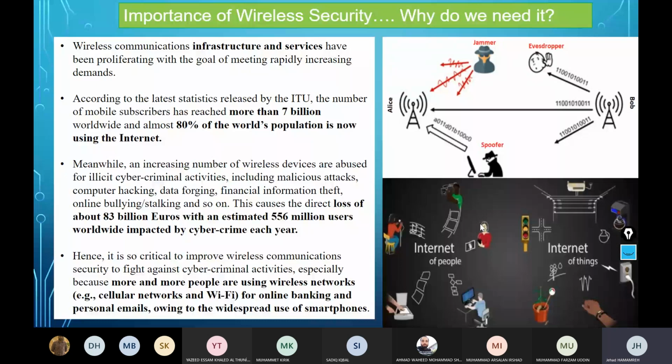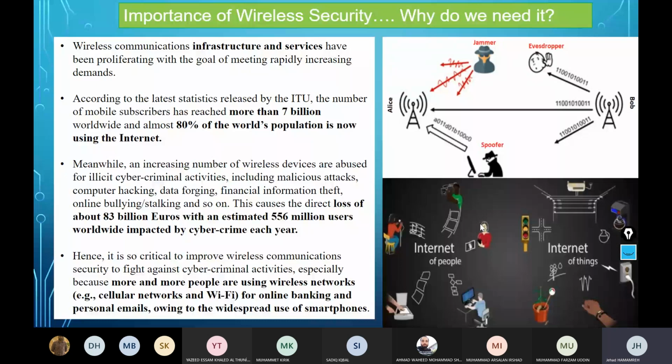Suppose you have your Wi-Fi access point inside your home. Someone can just send a jamming signal with the same frequency as your Wi-Fi access point, but with a much larger power, and can block you out of the access point.